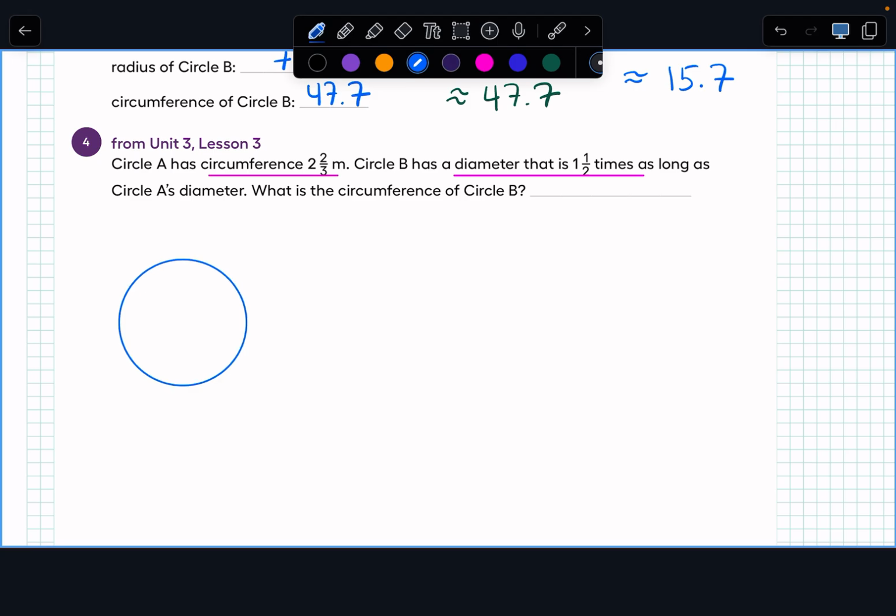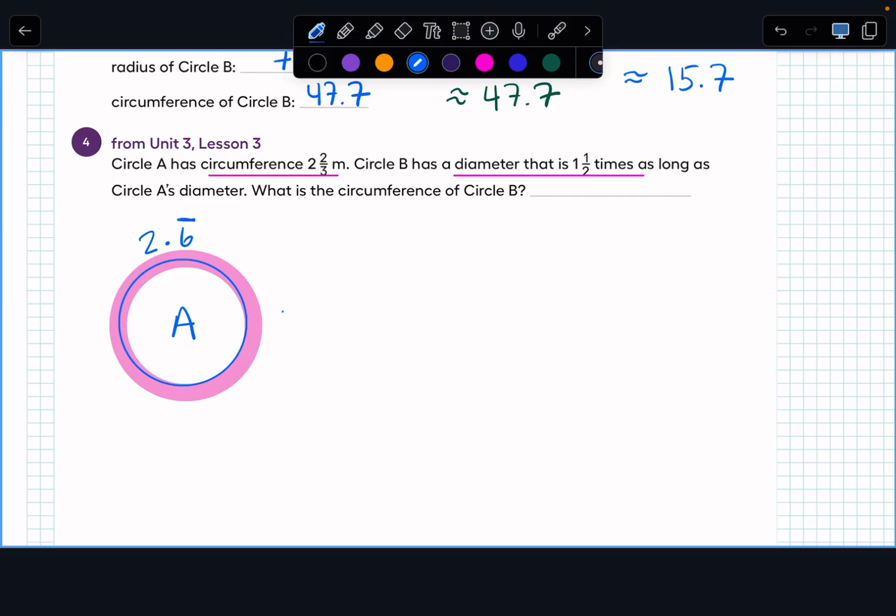So let's draw circle A. Circle A has a circumference of 2.66666 forever, okay? That's what was given. I'm just going to put 2.6 repeating. And then circle B has a diameter that is 1.5 times bigger than circle A's diameter.